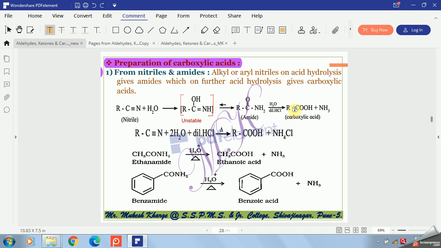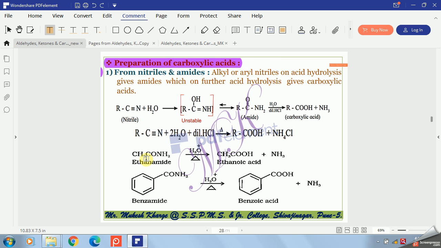So we get RCOOH plus NH2 becomes NH3, and we get a carboxylic acid and ammonia. So this is the reaction, or you can show directly 2 moles of H2O added to your cyanide in presence of dilute HCl. We can directly write RCOOH plus NH4Cl. So both ways you can show the reaction, but when the question is to convert the amide into carboxylic acid, then you write this second reaction, amide to carboxylic acid.